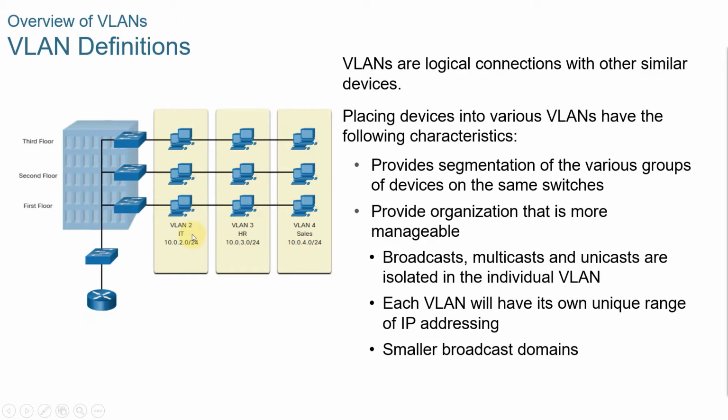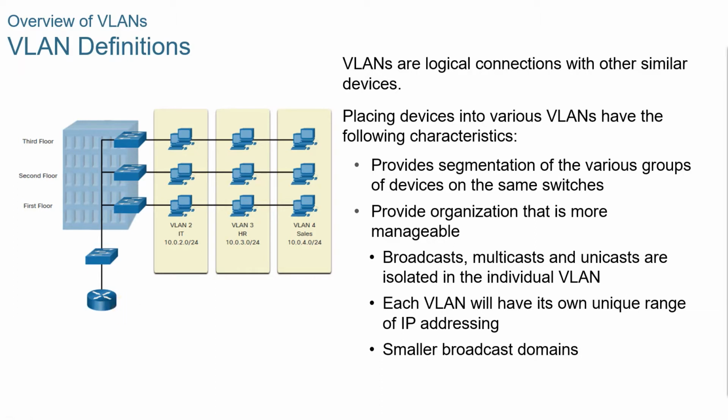Unicast, broadcast, and multicast packets are forwarded and flooded only to the end devices within the VLAN where the packets are sourced. Packets destined for devices that do not belong to the VLAN must be forwarded through a device that supports routing, in this case a router. Now, multiple IP subnets can exist on a switch network without the use of multiple VLANs.